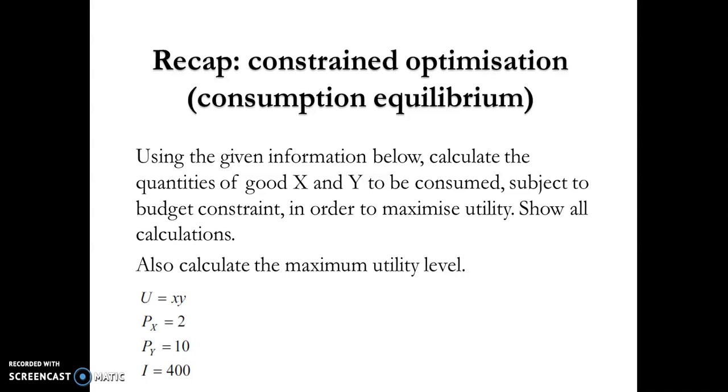Now, the following example is just to recap what you've done in constraint optimization, particularly looking at consumption equilibrium. So here you have an example where you are given the information regarding the quantities of two goods, good X and good Y, and you're given the prices of the two goods as well as the income, and from that you can derive the budget constraint, and you're also given the utility function, which is an objective function.